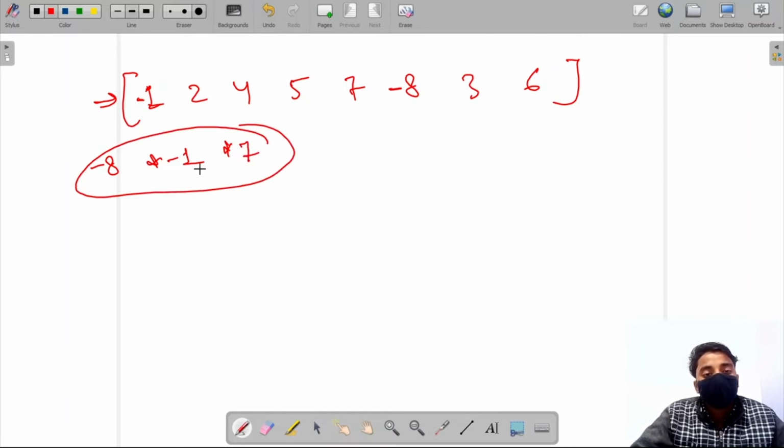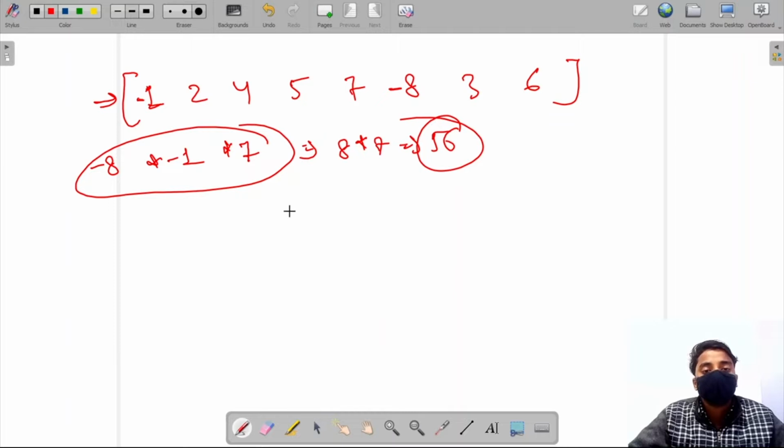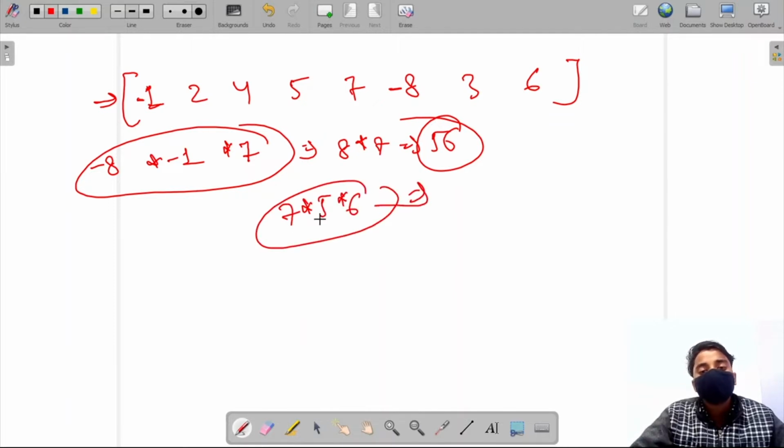Now minus 8 and -1 will give us positive 8 into 7, which is 56. And we have the product of 7 into 5 into 6, which gives a result greater than 56. Here 7 times 5 is 35, into 6. This will be 210.